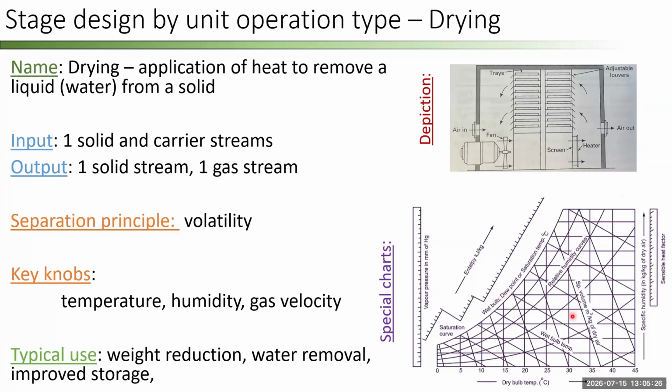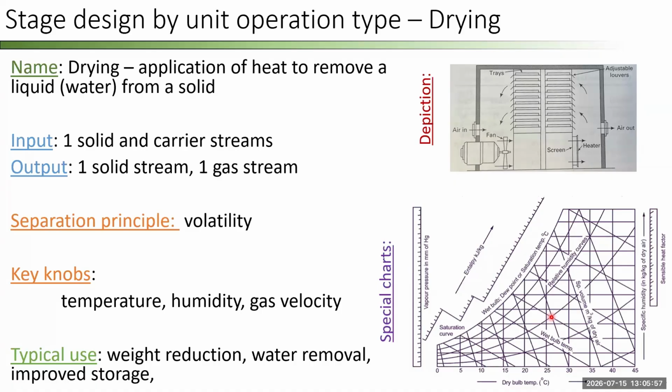Here's a chart that shows the relationship between the humidity of the air and the dry temperature down at the bottom. I'm not going to go too much into detail. There's a whole class that will talk about this, but you may come into this looking at drying. These different lines will tell you whether gas wants to vaporize or not.